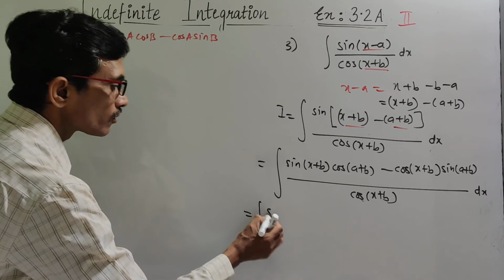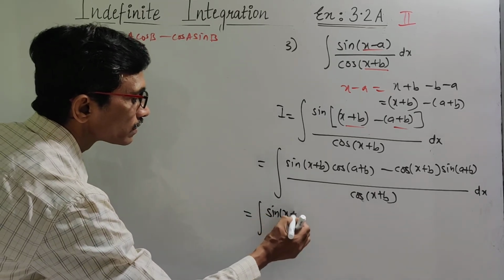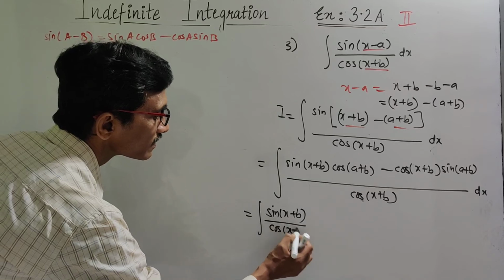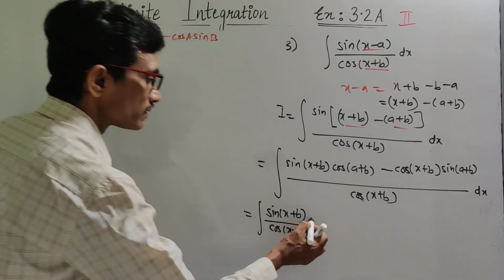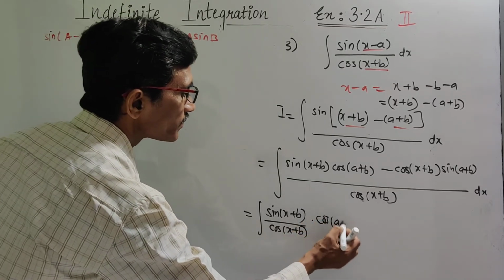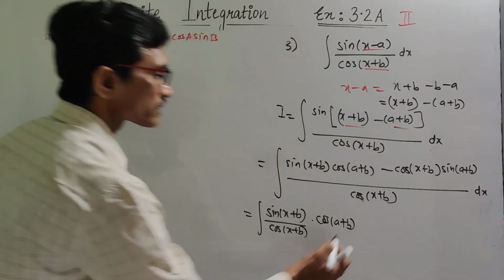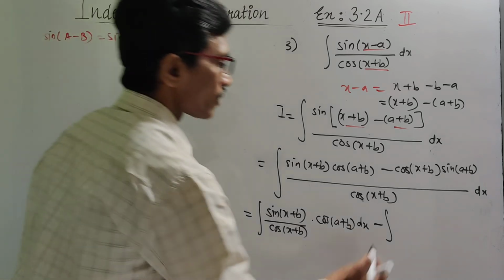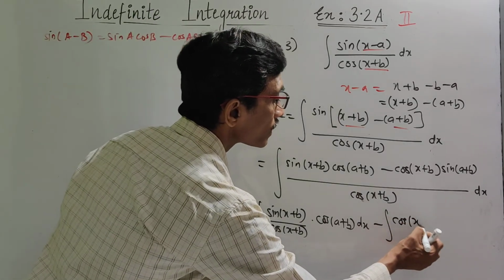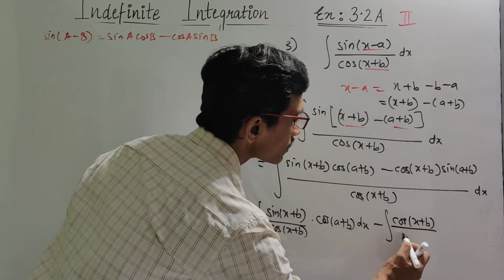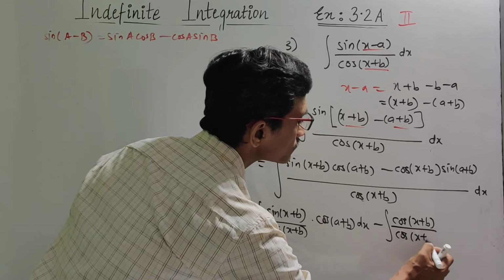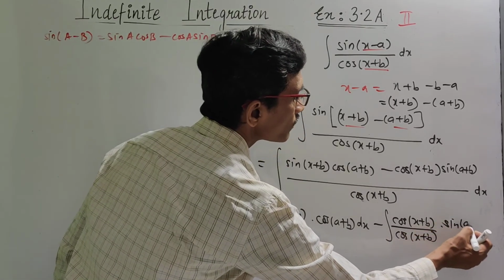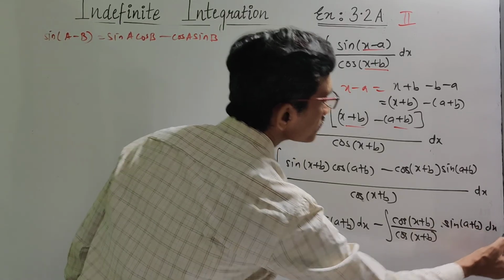Integral of sin of (x plus b) upon cos of (x plus b) into cos of (a plus b) dx, minus sign is there, cos of (x plus b) upon cos of (x plus b) into sin of (a plus b) dx.